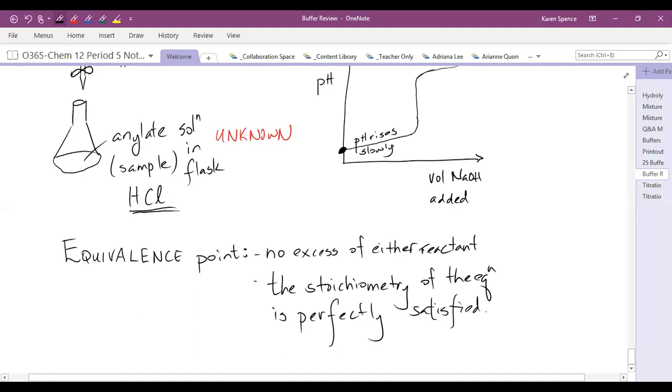Does anyone remember a second name for the equivalence point? Stoichiometric point, yes.